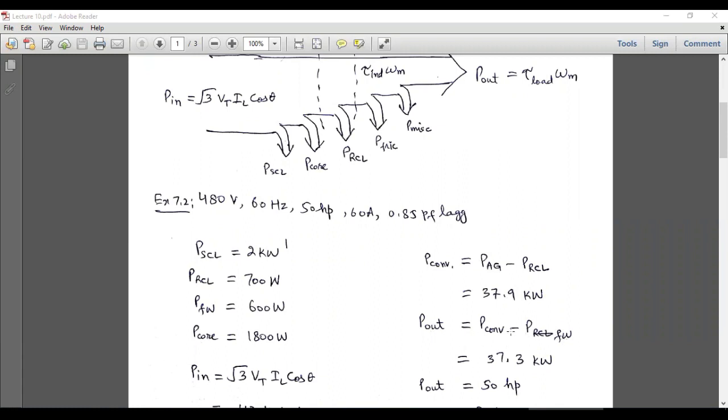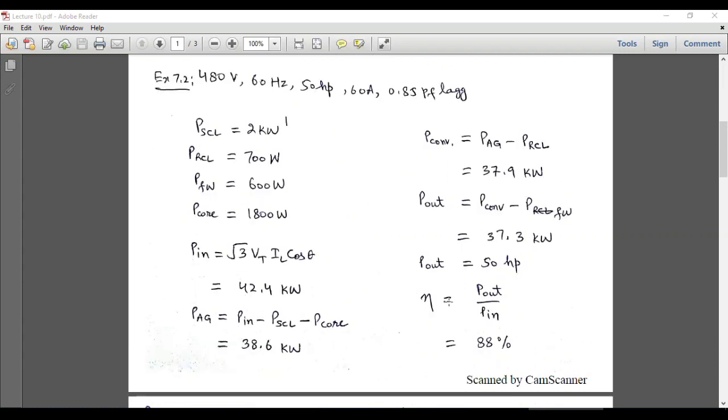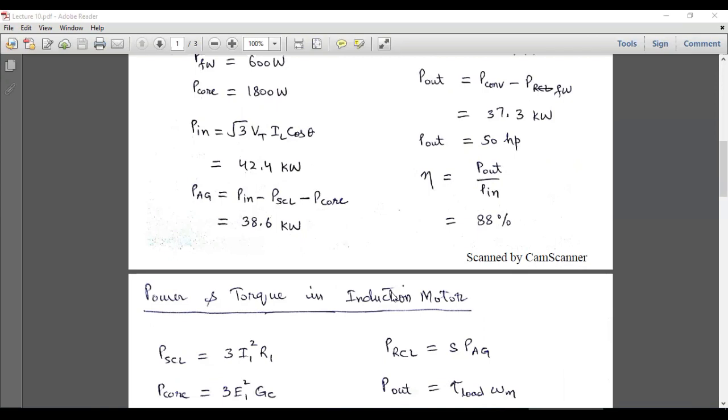So this is P out, and since 1 horsepower is equal to 746 watts, 37.3 kilowatts is basically analogous to 50 horsepower. So efficiency of this motor is equal to P out over P in, and P out is 37.3 kilowatts, P in is equal to 42.4 kilowatts. So the efficiency is 88%, which was the objective of this problem.